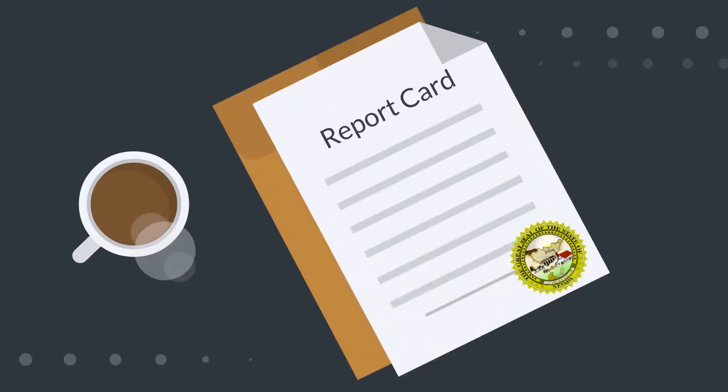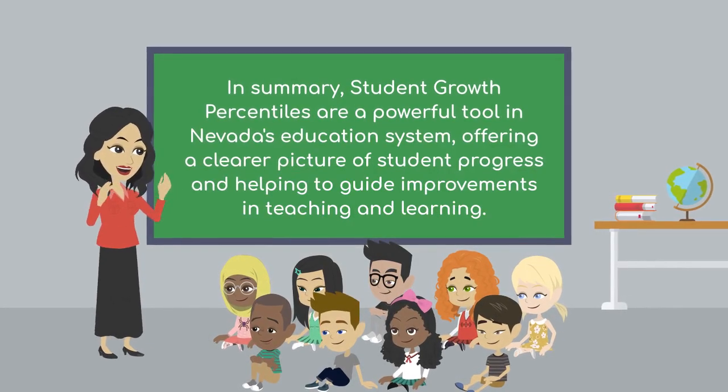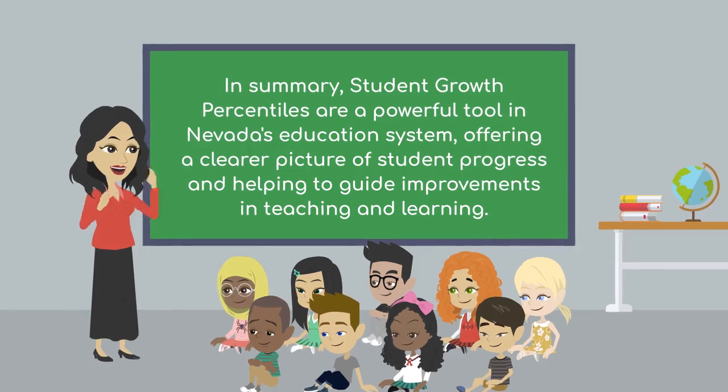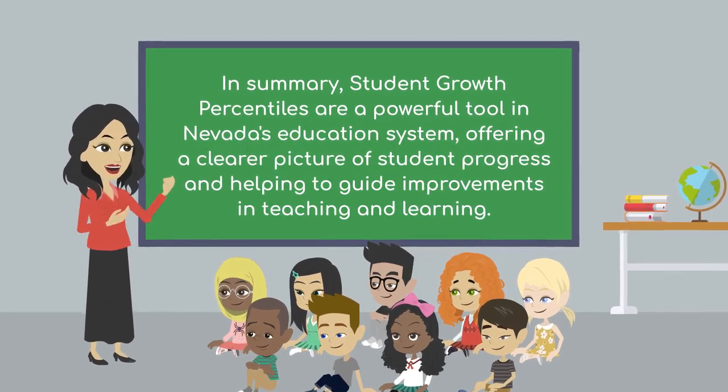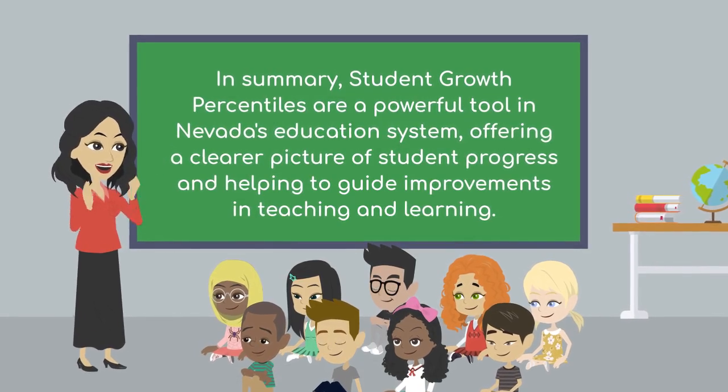For parents and students, SGPs provide insight into individual academic growth, helping to set more personalized goals for future learning. In summary, student growth percentiles are a powerful tool in Nevada's education system, offering a clearer picture of student progress and helping to guide improvements in teaching and learning.